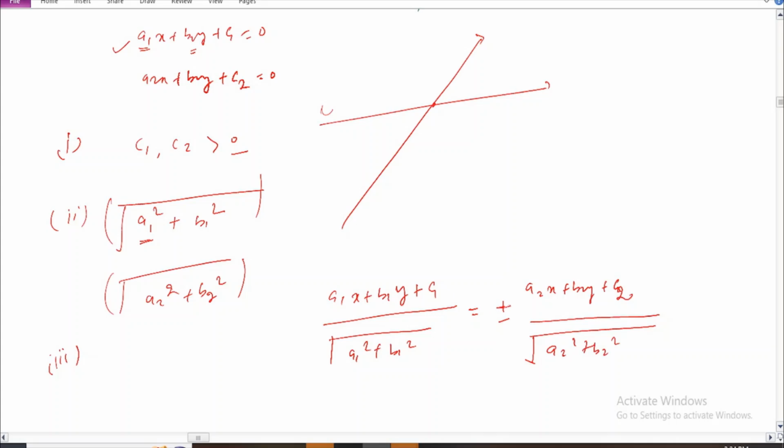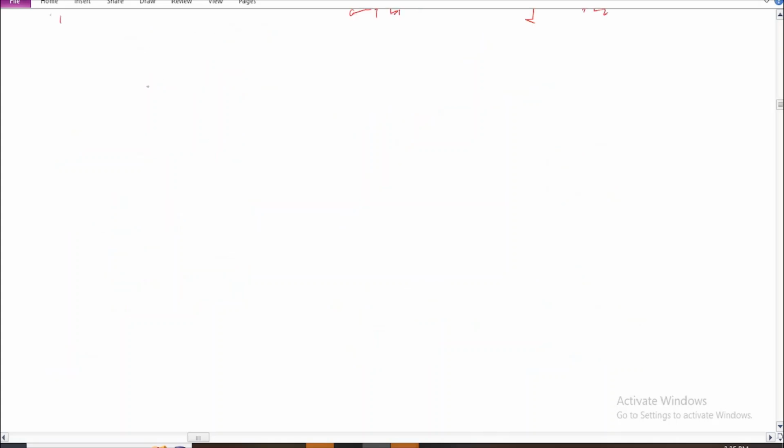So here clearly we have two lines, one for positive and one for negative, right? But the question remains the same: which one is acute and which one is obtuse, right? One more term to introduce: a1 a2 plus b1 b2, right?